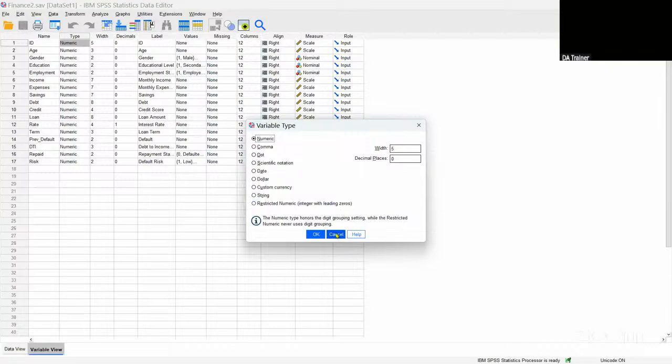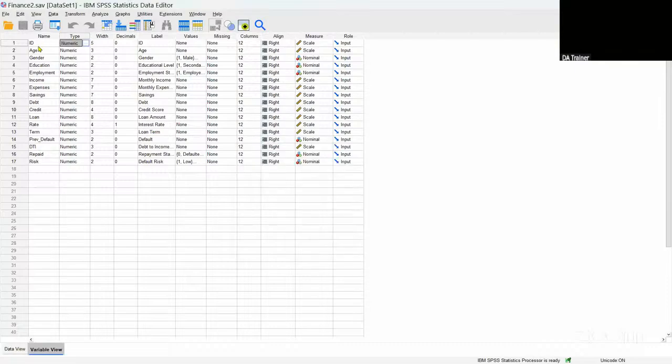So what kind of data do you want this column to carry all through? Because it won't carry any other thing. If we set numbers here, if you type any text there, it will shout. So you need to set up the data for each of these columns before you commence, and you do this setup under variable view. So the width here is how many characters.